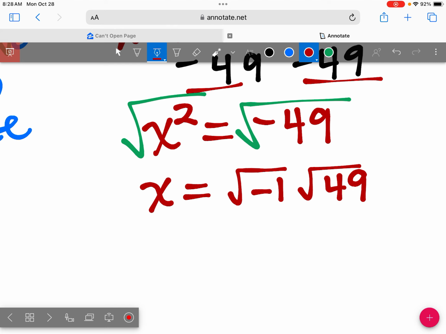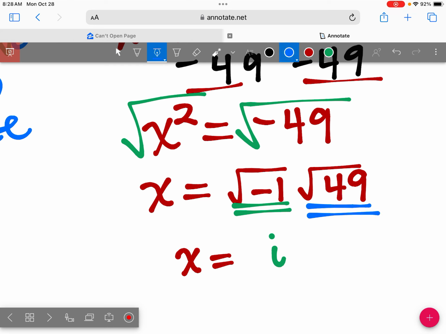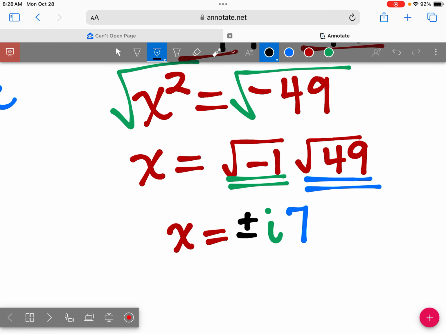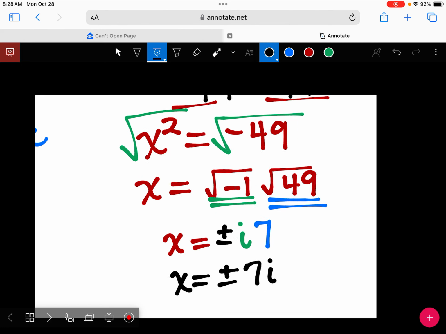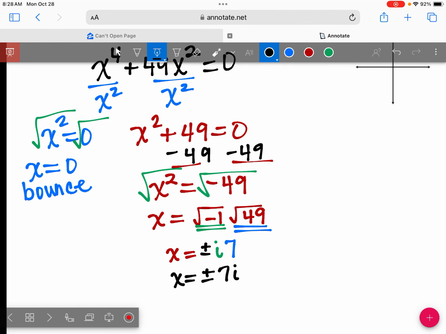This is going to equal i. So this equals i. And the square root of 49 is 7. And this is 2 answers. So you can write it as i7, but most books write it as 7i. But it doesn't matter. All right, so let's go ahead and plot these 2 points.